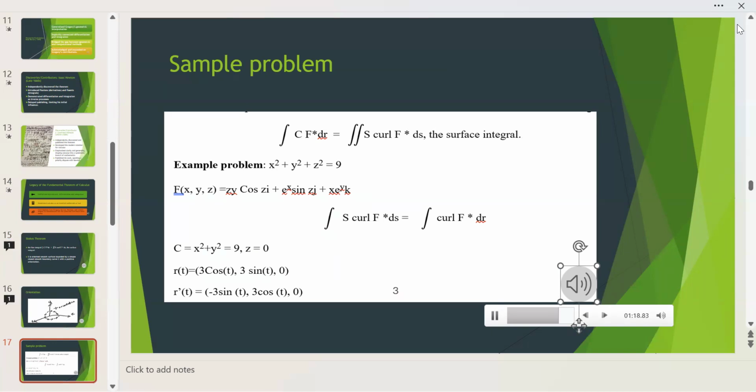So we end up with that as a starting formula, which simplifies it a lot. Then we take the derivative, which gives us negative 3 sine t, the second term 3 cosine t, comma 0.